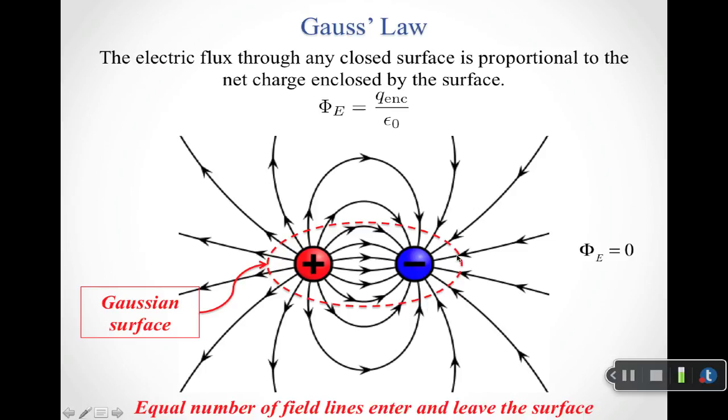So when I add them all together, every field line over here cancels out a field line over there, and the net number of field lines leaving or entering is 0. I've got the same number leaving as entering, and so my electric flux through my Gaussian surface here is 0. So again, this is why Gauss's law gives us a really easy, powerful way to calculate the electric flux by simply counting up the charge inside our Gaussian surface.